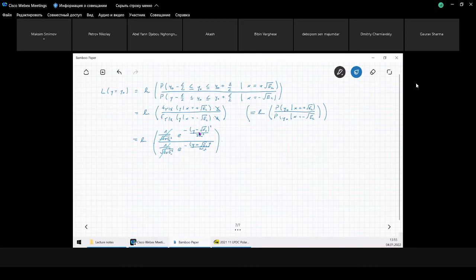So let me rewrite this: ln of e to the power of minus (y minus square root EC) square divided by 2 sigma n square, multiplied with the positive exponent, e to the power of plus (y plus square root EC) square divided by 2 sigma n square.